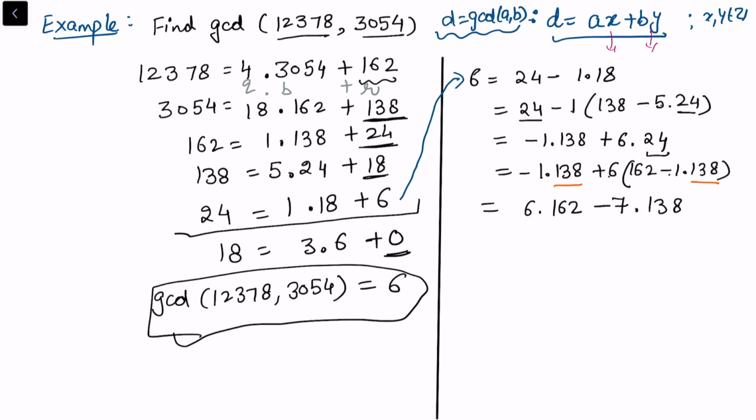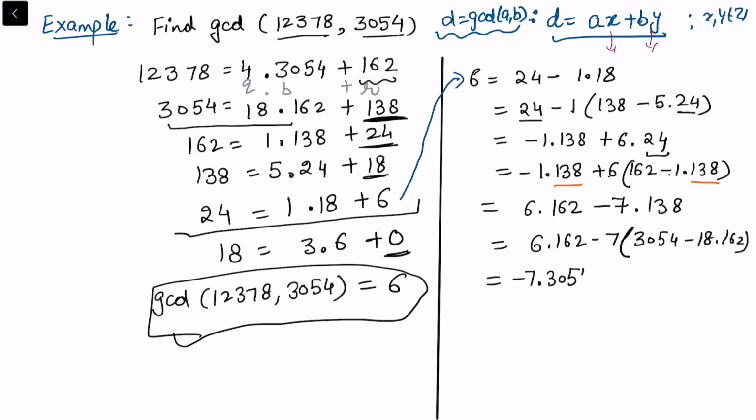So take out the values from this expression. So this is 6 into 162 minus 7 into, replacing this 138 from the left expression, so that is 3054 minus 18 into 162. So this gives me minus 7 into 3054. Now multiplying minus 7 by minus 18 and adding this into plus 6, I will get this as plus 132 into 162. So this value is same.